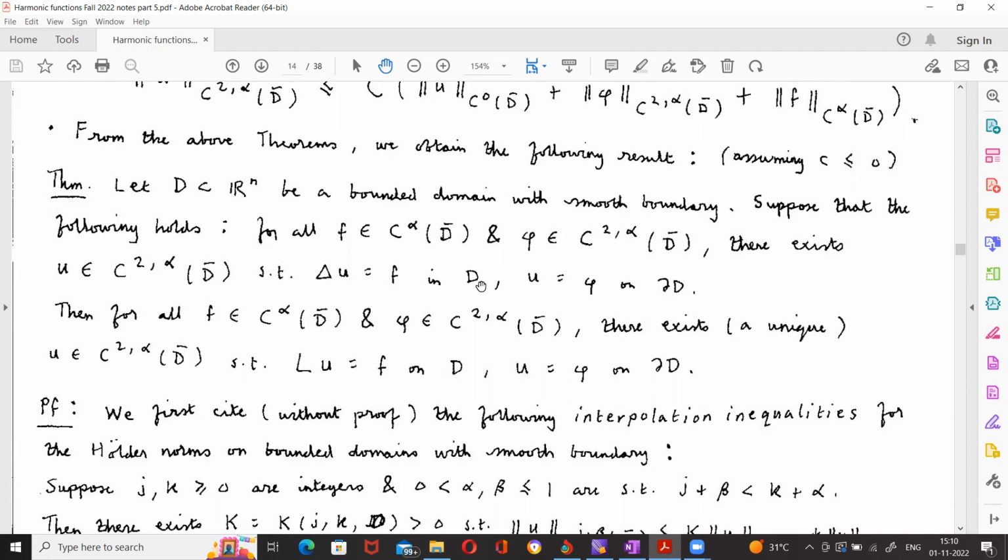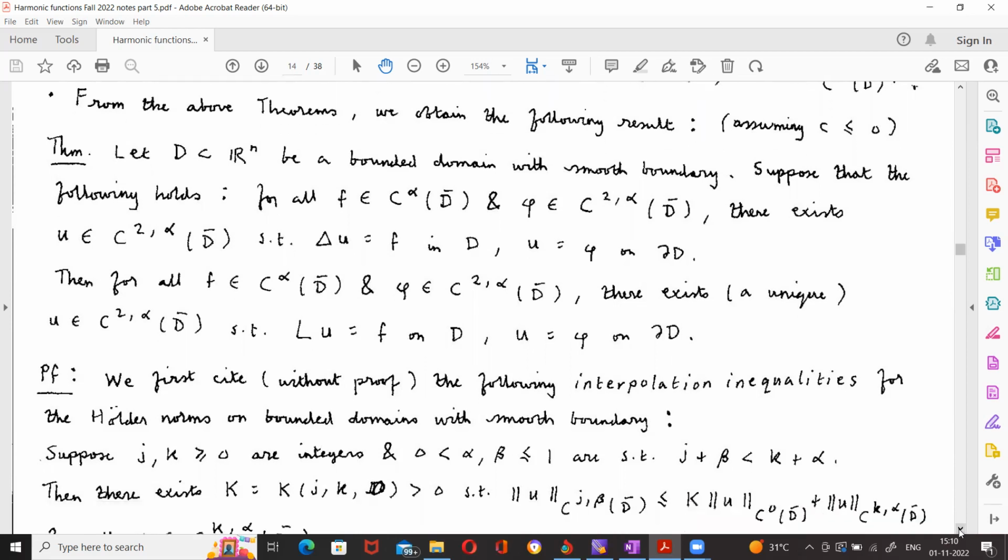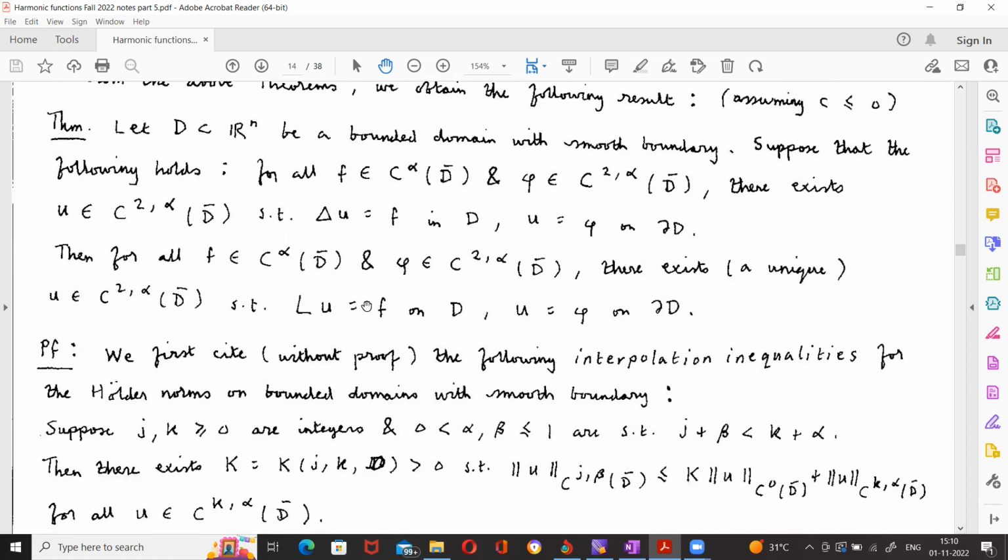All right. So first we have to see that our operator L and the Laplacian are bounded operators between appropriate Holder spaces. So that needs just a little bit of work.